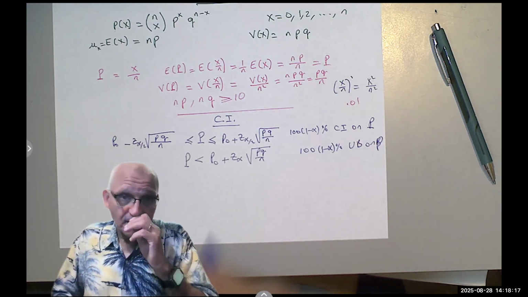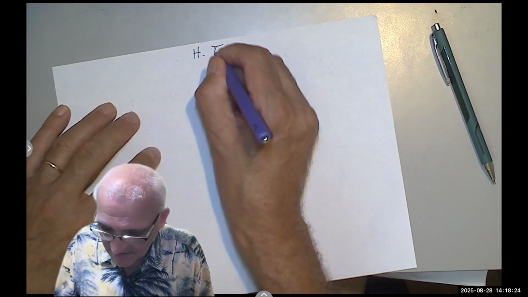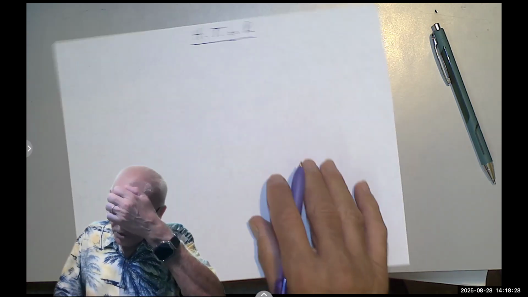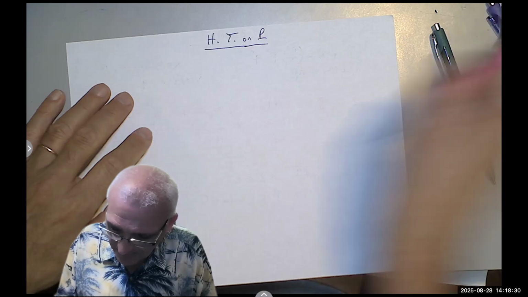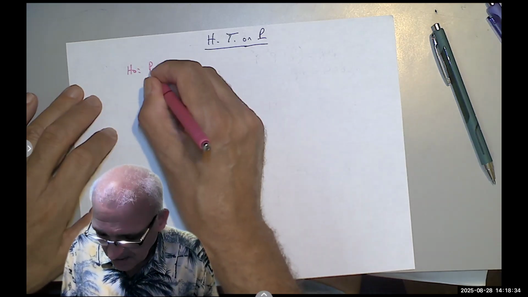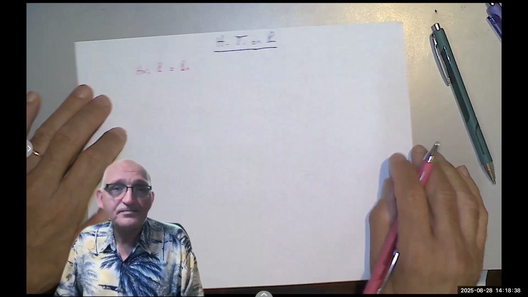And if you are running a test of hypothesis testing on P, your null hypothesis would always be P equals some value P0. Okay?